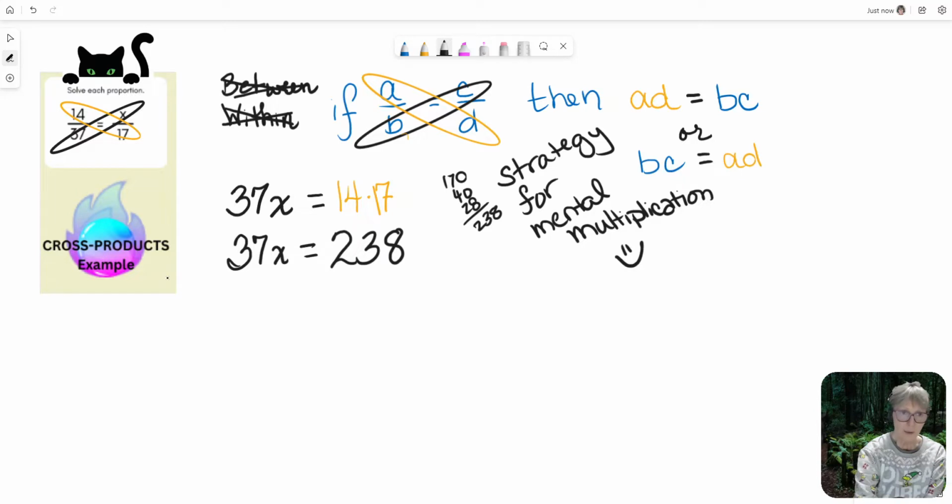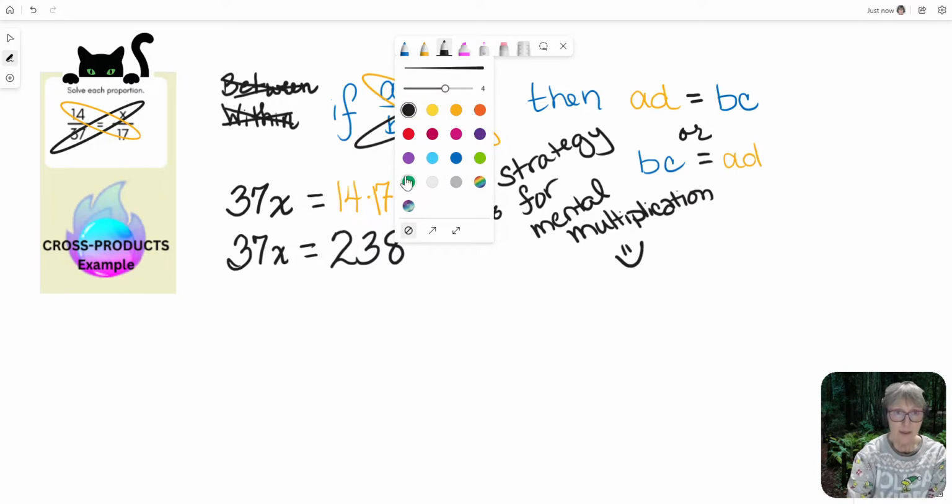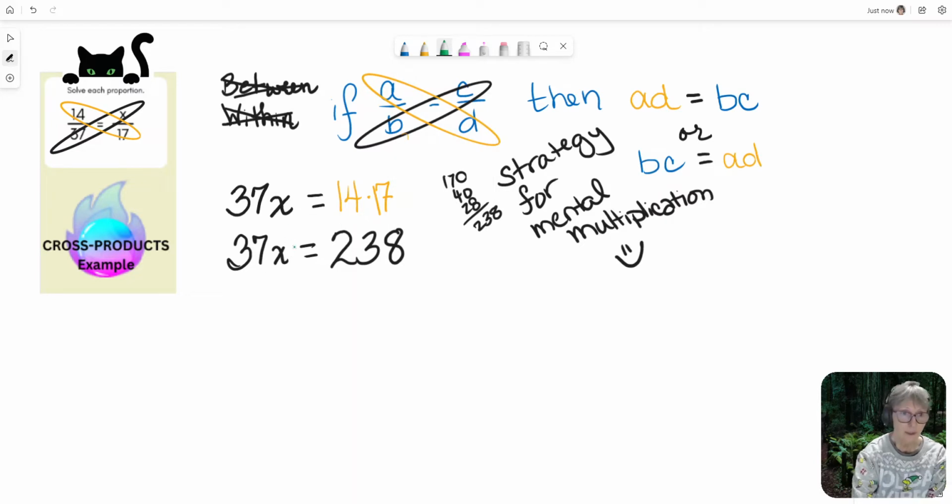Okay, so now we're left with 37x equals 238. That is a one-step equation. And you have done hundreds of these. To solve an equation, we're trying to find the value of the variable that makes the equation true. Now we could just start guessing numbers. It's like, what value of x would make this work? And yeah, well, that's the long, hard way to do it.